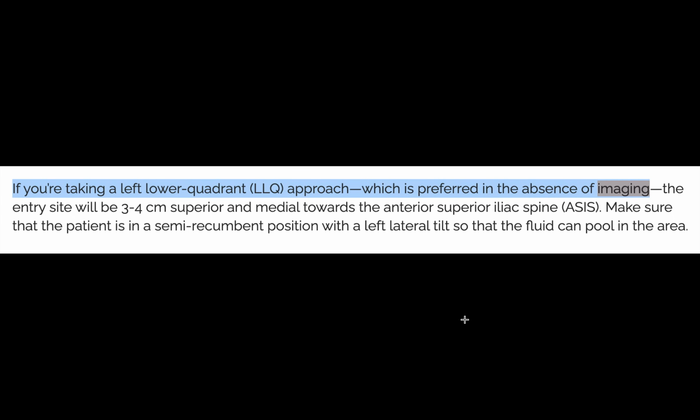We've seen in previous documents references to ultrasound and references to imaging, and that in these circumstances taking a left lower quadrant approach becomes more important. It's best practice anyway, but in these circumstances you should be taking a left lower quadrant approach to this procedure.